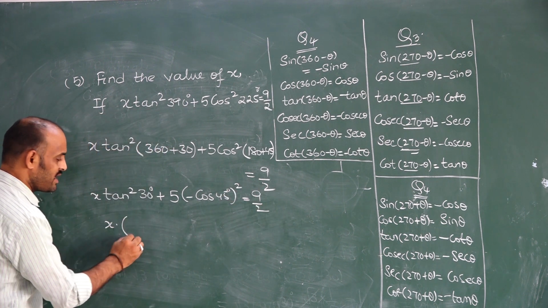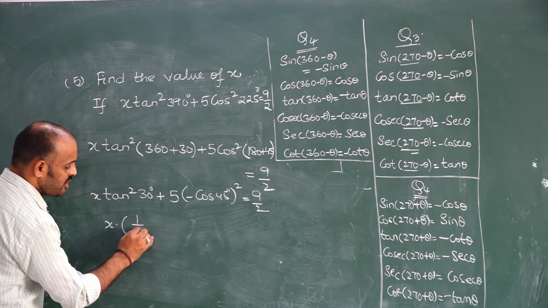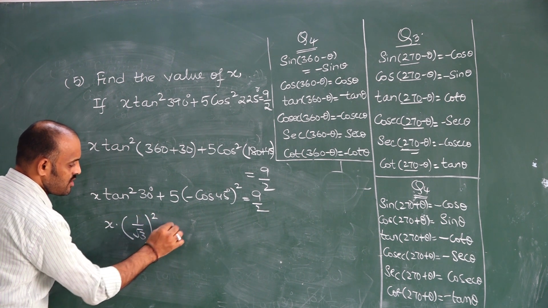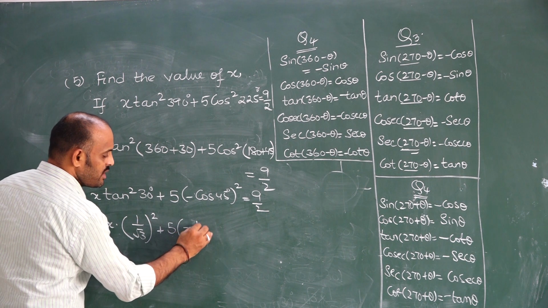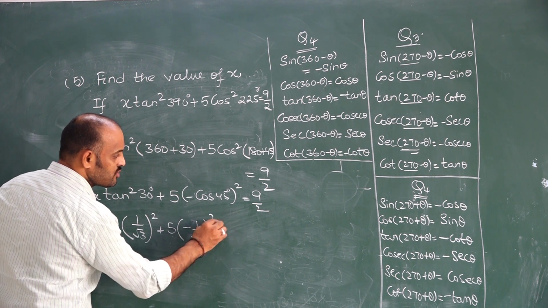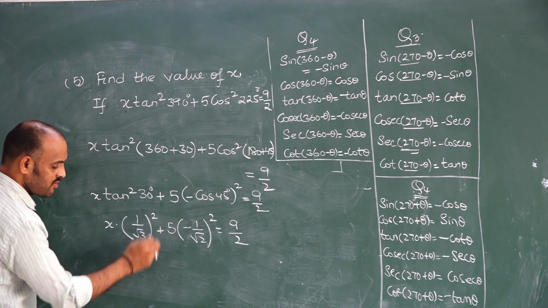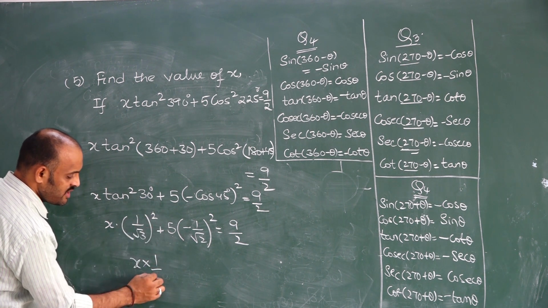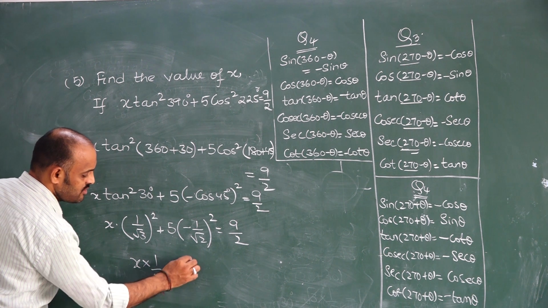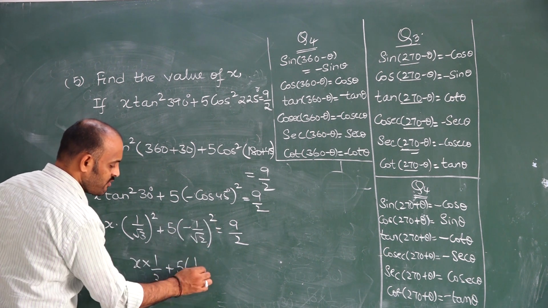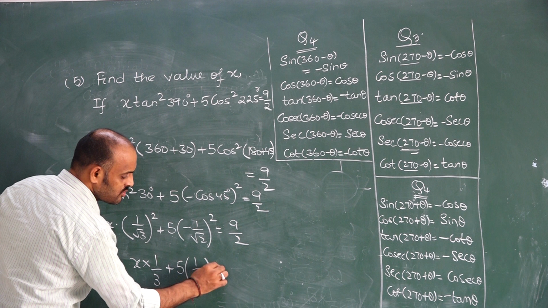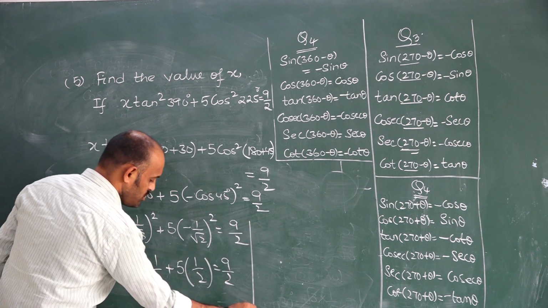X into tan 30 degrees, 1 by root 3, minus 1 by cos 45 degrees, 1 by root 2. 1 square is 1, root 3 square is 3, plus 5 into minus 1 square is 1, root 2 square is 2, is equal to 9 by 2.